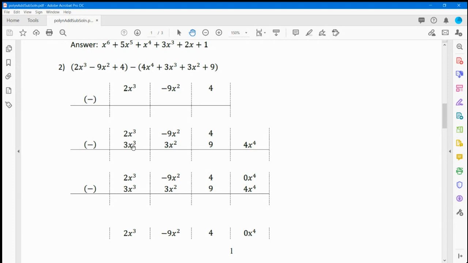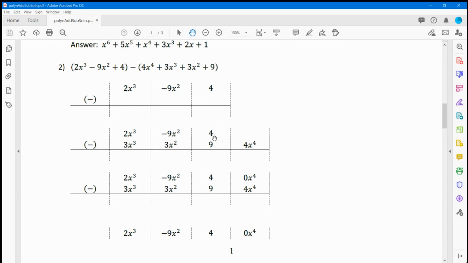In the x cubed column, right? Because 2x cubed and 3x cubed are like terms. 3x squared is going to go in the x squared column, so that's going to go here.